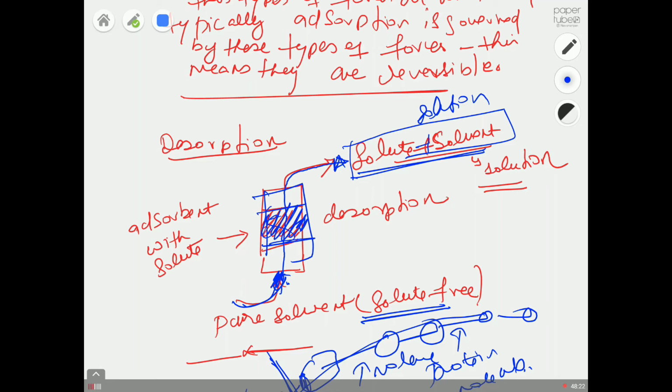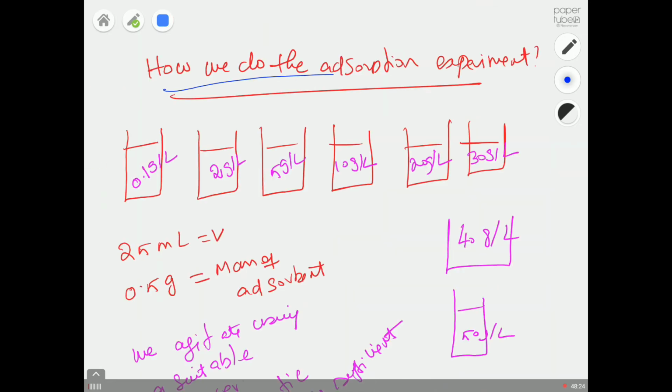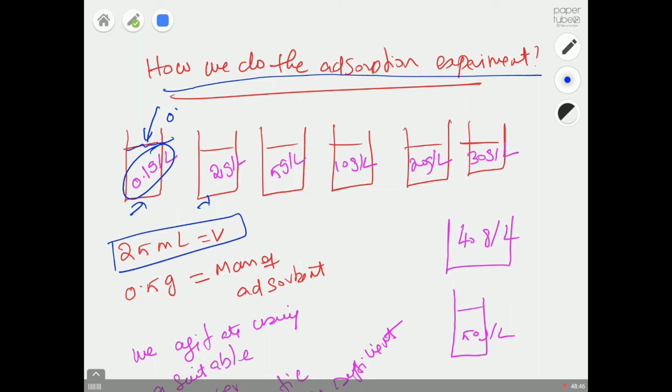And how we do an adsorption experiment, this is super simple. So I just put a simple experiment here. You take some different vials, and the concentration of your solute is 0.1 grams per liter, and just assume we are doing it with 25 ml of solution, so all these vials contain 25 ml of our solution that contains a solute.